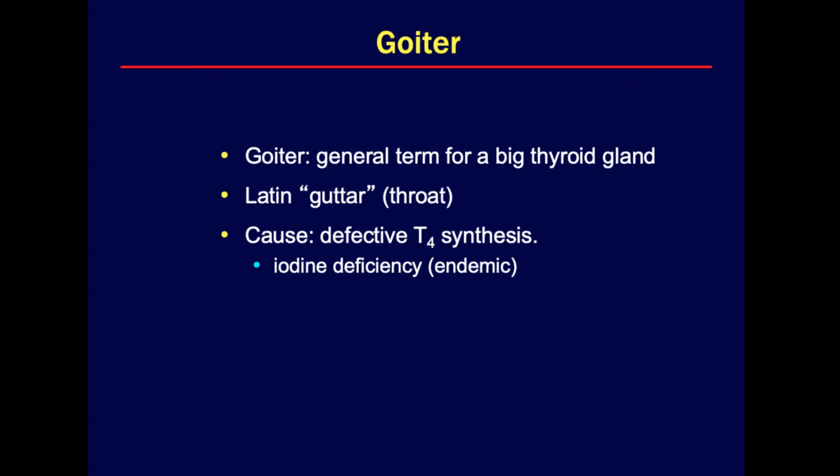So if I'm iodine deficient, I can't produce T3 and T4. I'm not able to do that. So I have low T3 and T4 levels, and the brain goes, oh, this is bad. We need to make more T3 and T4 to keep the metabolism up. And so what happens is the brain starts producing more TRH and more TSH.